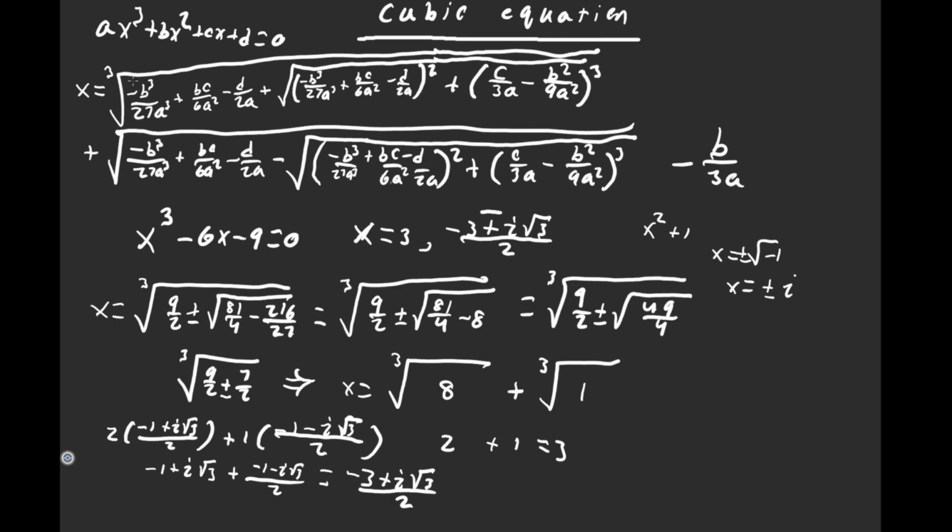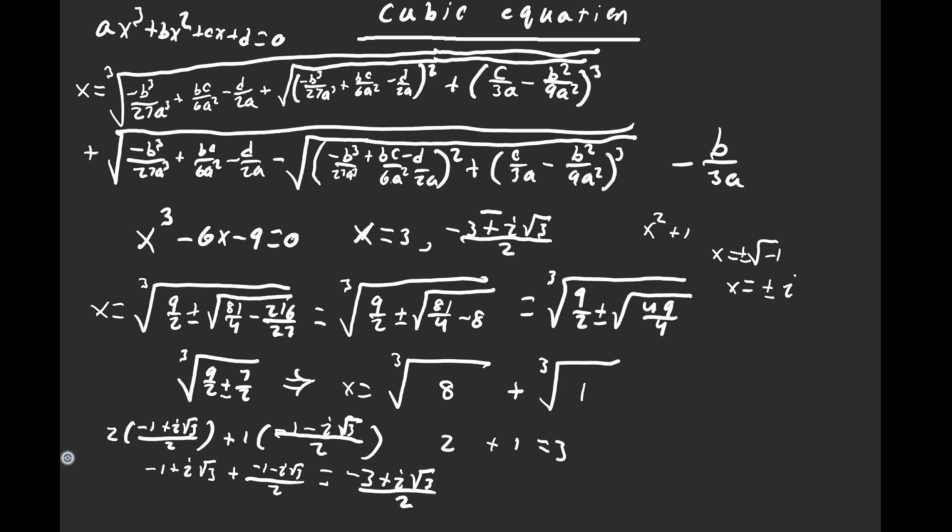So it's better to just do the first cube root, and then when you have the final result, just multiply it by -1 plus i root 3 over 2, and -1 minus i root 3 over 2 to get the other two solutions.